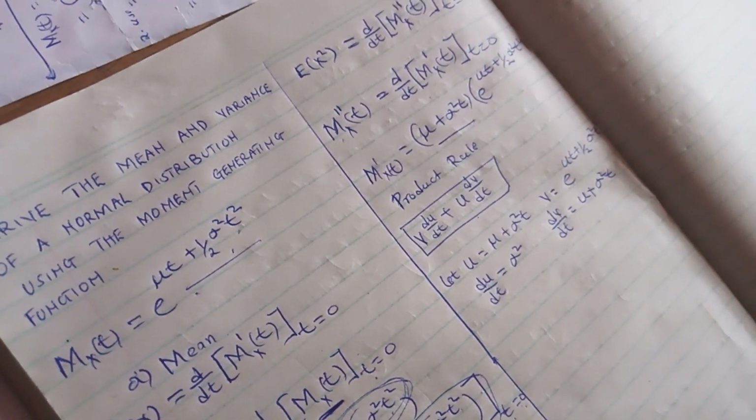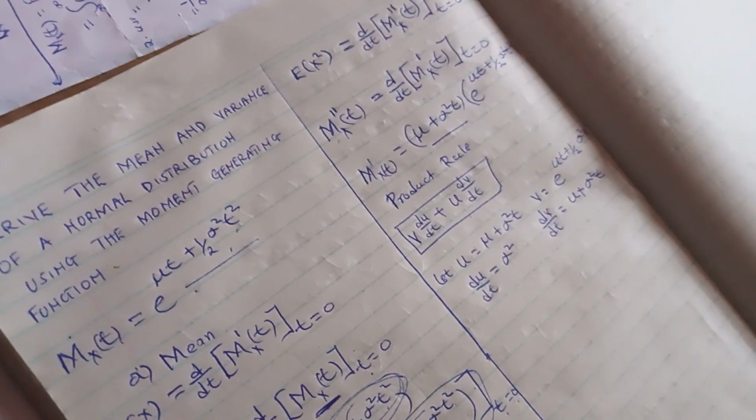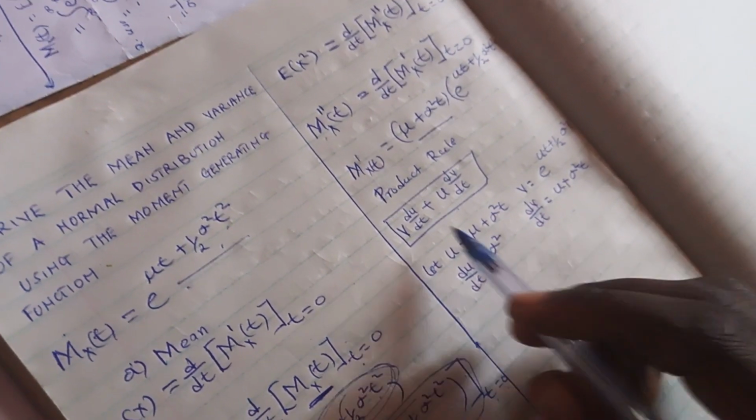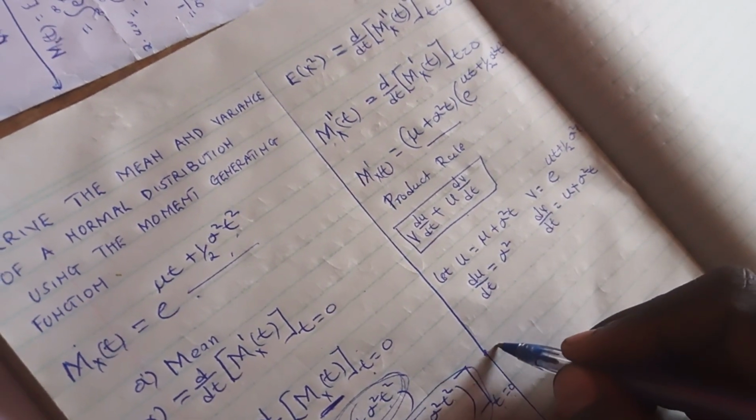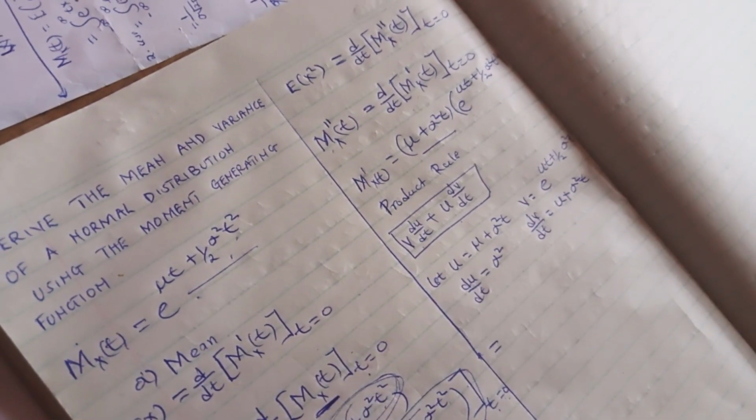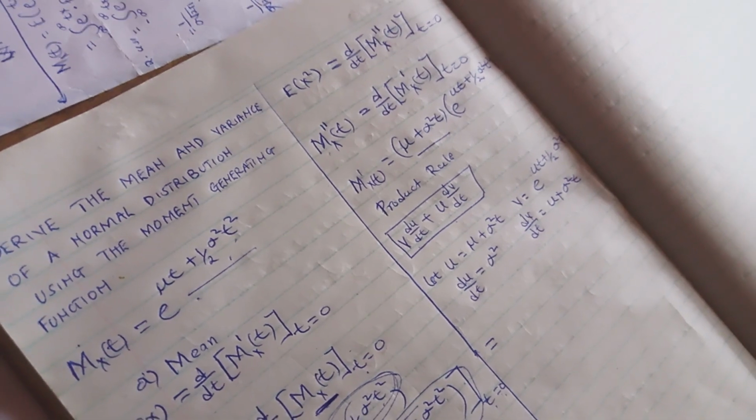Let us now use the product rule formula to have the whole of this. Then what to do is we replace in the general formula for the product rule.